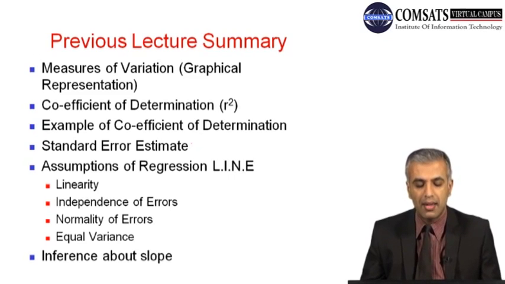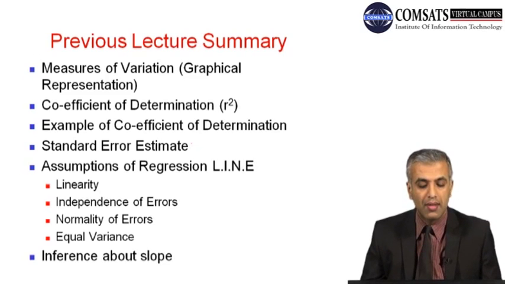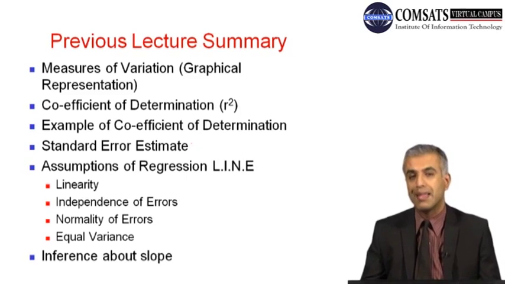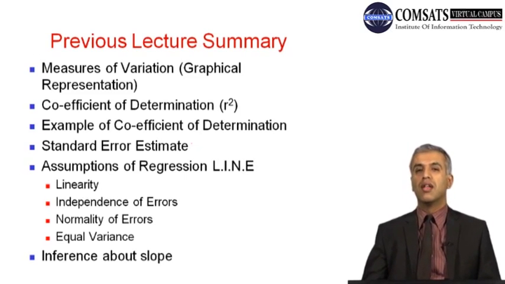Then we had an example of the coefficient of determination, and we came to know how to go through the calculation in this case, and how R square is depicted in the form of different diagrams, and when different values are scatter plotted, what kind of pattern would depict what kind of value of R square.